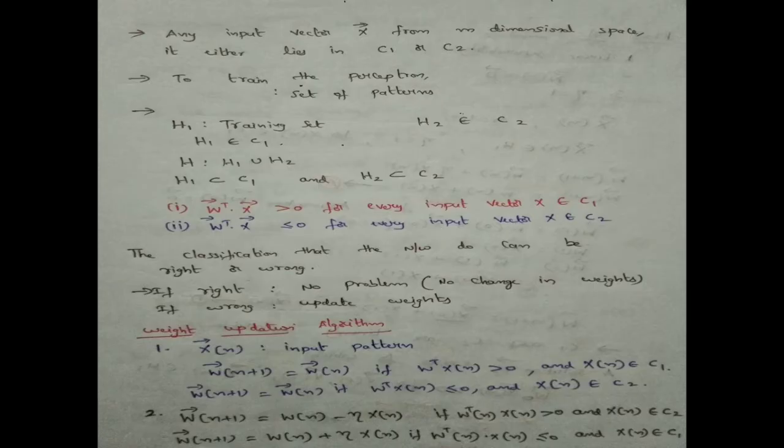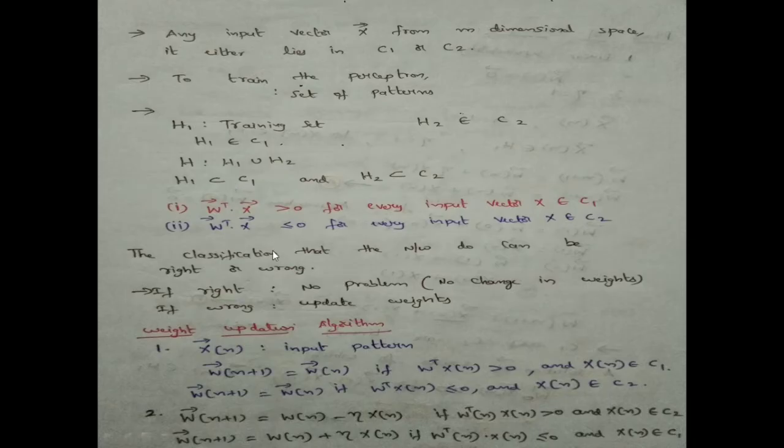So here it says that the input vector X belongs to the class C2 if W transpose X is equal to 0. So this generally depends upon how we are going to take it.